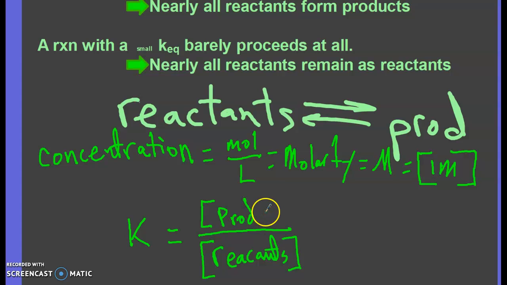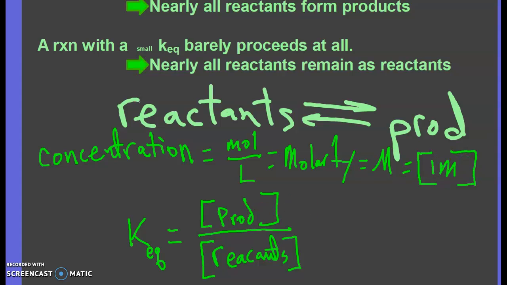So we can actually take the concentration of all the products and divide it by the concentration of all the reactants to get some constant for every reaction under certain conditions. This would be called the equilibrium constant. So how much reactant exists, how much product exists.